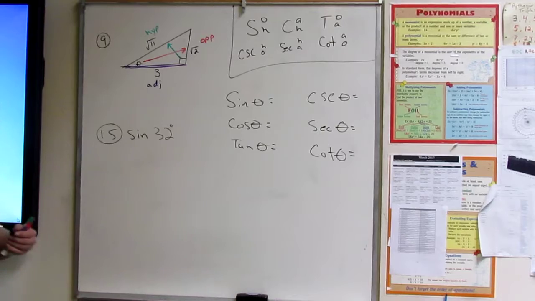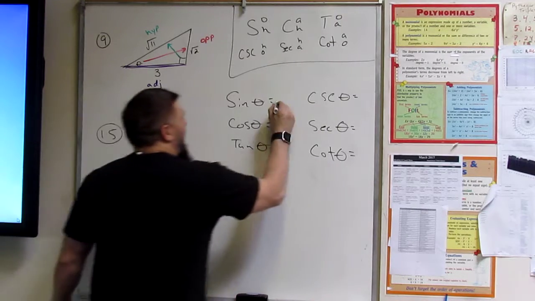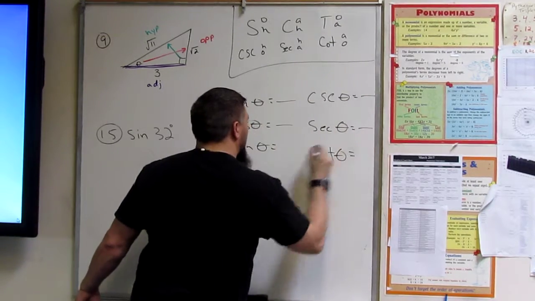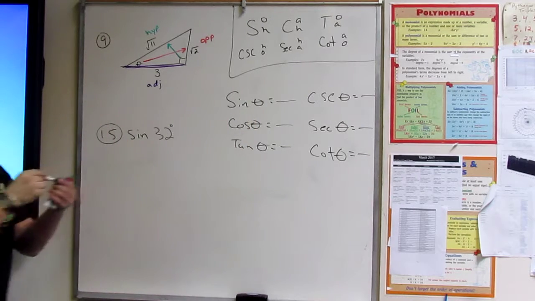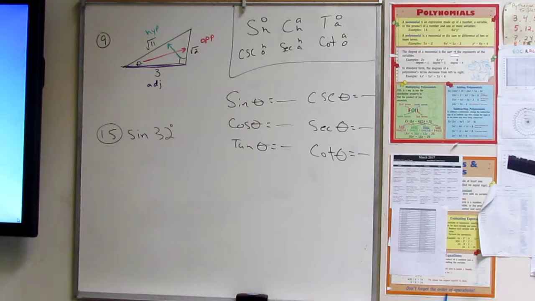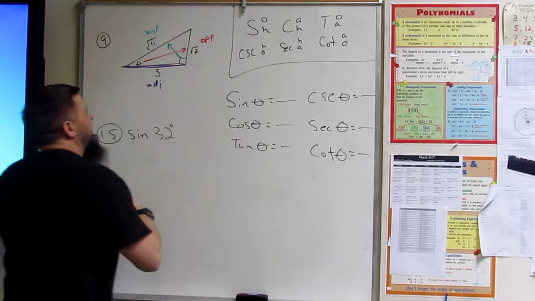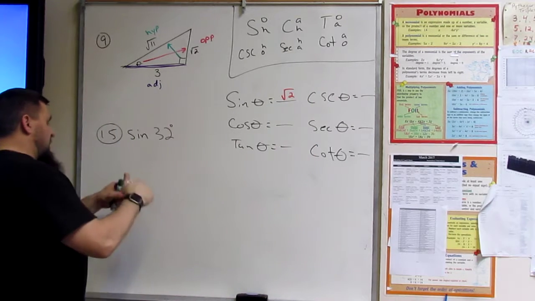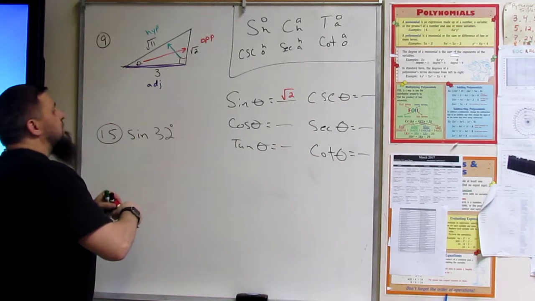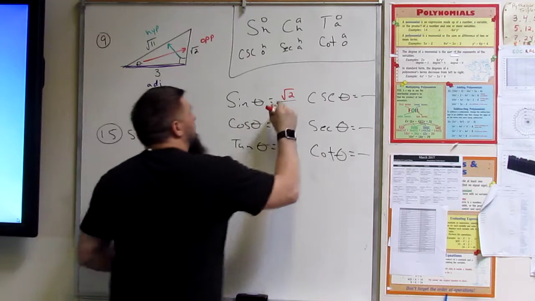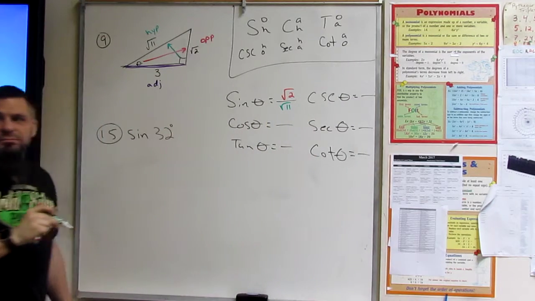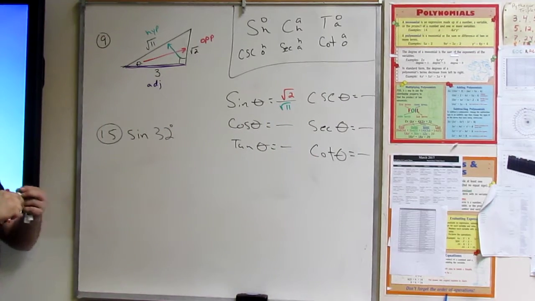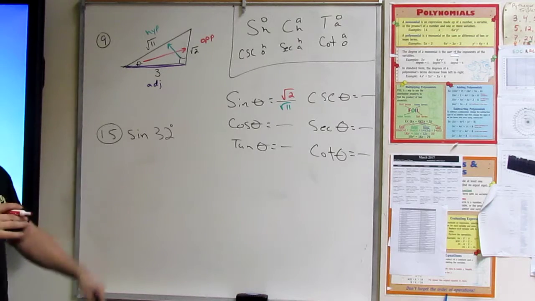Obviously they're all fractions, and then I can just put in my colors. Sine is opposite over hypotenuse. Opposite's red, so that's my square root 2. Hypotenuse is green, square root 11. Now we're going to change them, I just want to get them out first.